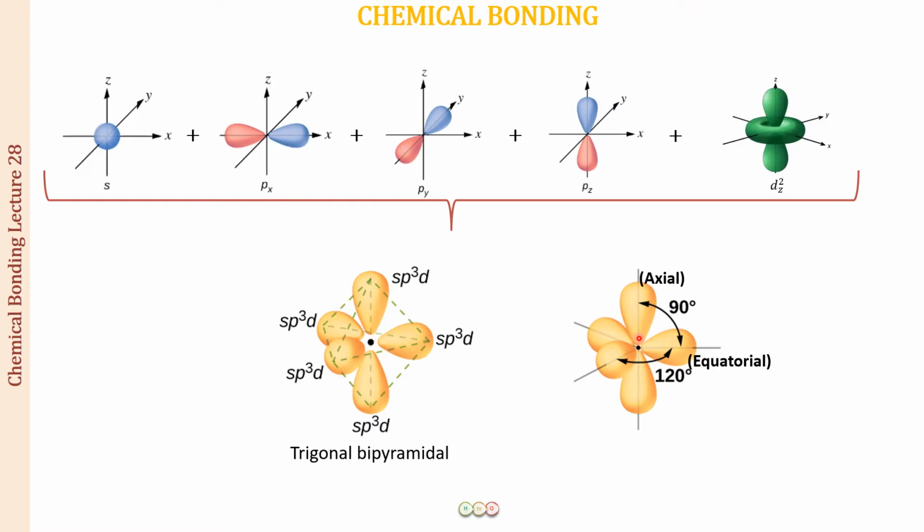What happens in sp3d hybridization is that not all five orbitals mix together. The reason given for these different types of hybrid orbitals, three at an angle of 120 and two at an angle of 90 degrees, is that they do not all mix together.